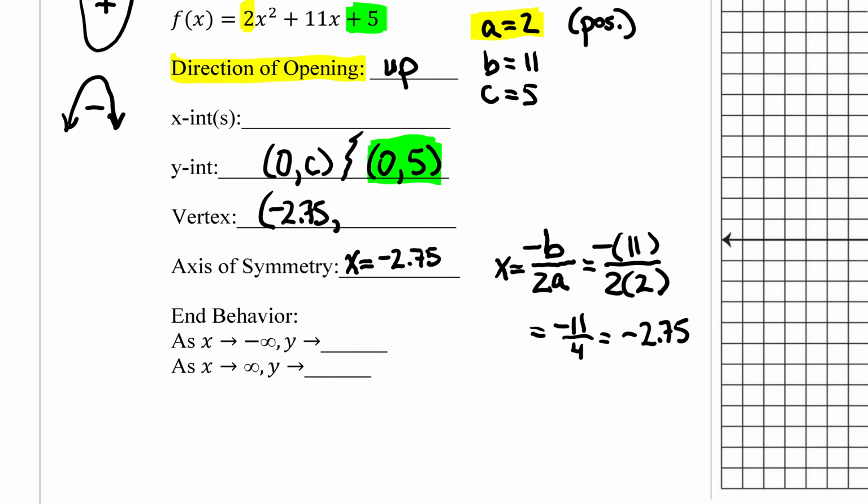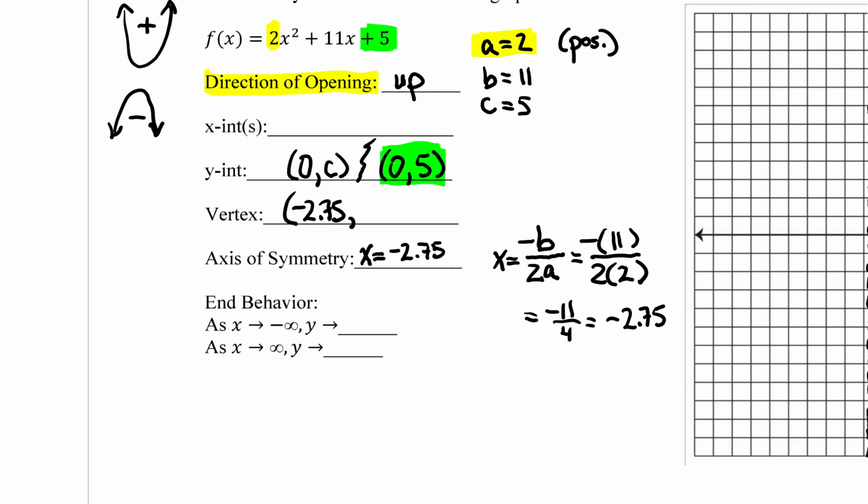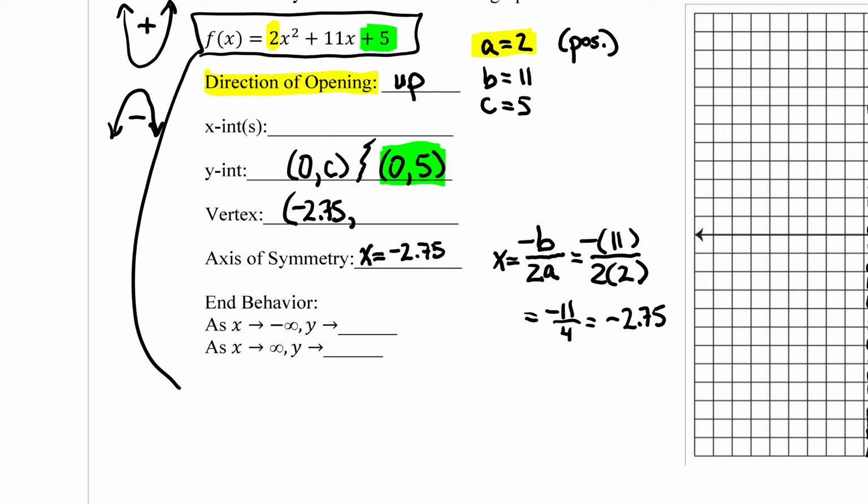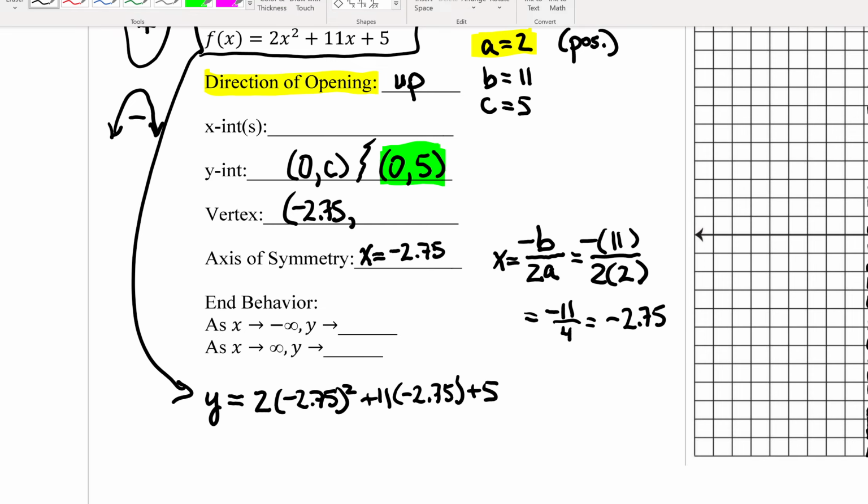And my y-coordinate, I'm going to plug it in. So this equation here, I'm going to rewrite it, but instead of f of x, I'm just going to write y because it helps me remember that's what I'm looking at. Y equals 2 times negative 2.75 squared plus 11 times negative 2.75 plus 5.